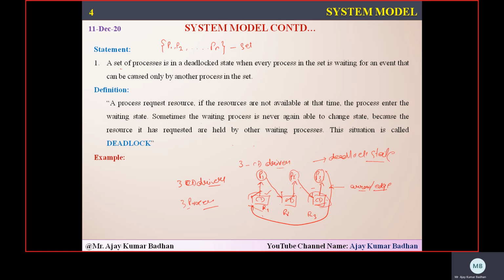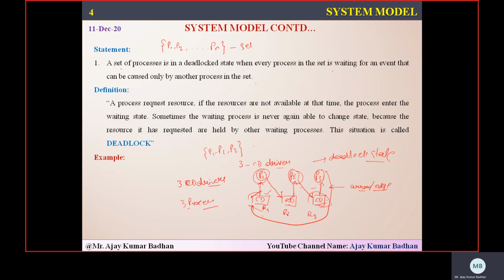See here, the statement: a set of processes, and we have taken three processes here, P1, P2, P3, is in a deadlock state when every process in the set is waiting for an event that can be caused by another process in the set. That's what is happening here. P1 is waiting for an event which will be done by P2, that is releasing this resource.